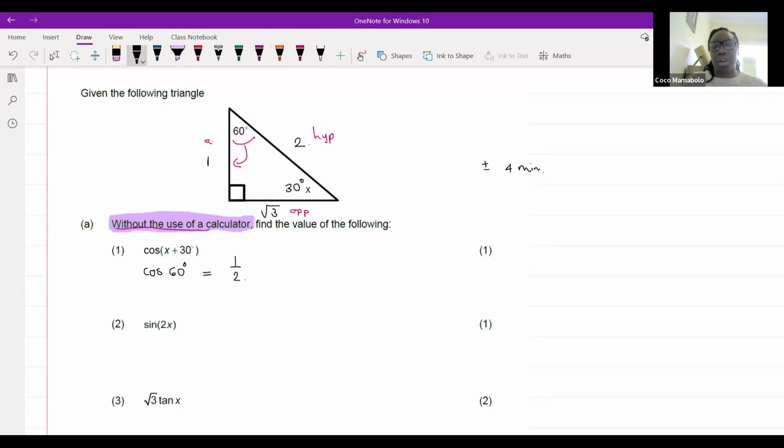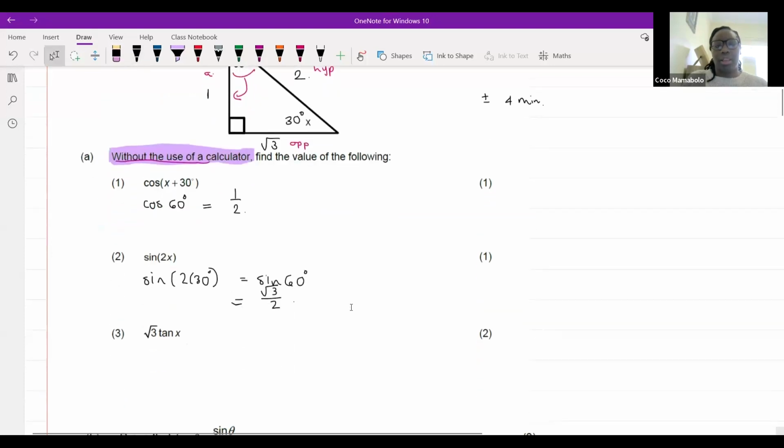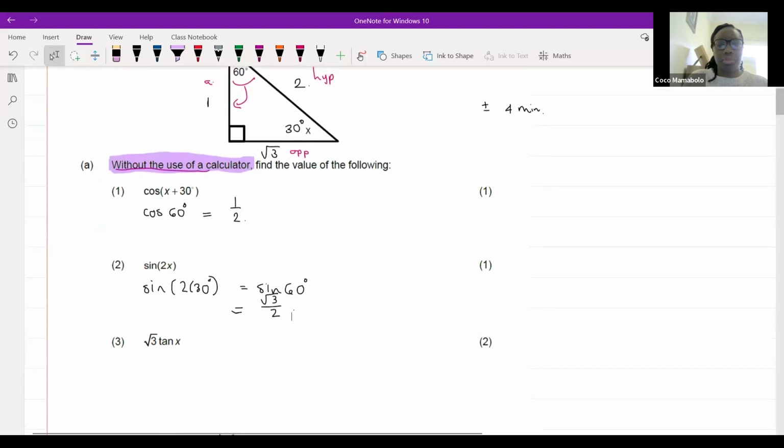So sine of 2x is going to be the same as sine of 2 times 30 degrees, which is the same as sine of 60. And that's going to give me the square root of 3 over 2. All right. And then for number 3 over here, we're going to take the square root of 3 multiplied by tan of 30 degrees.